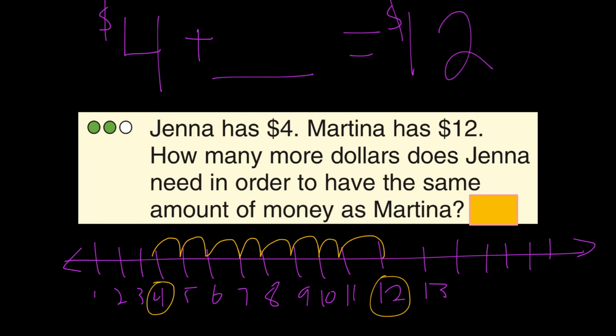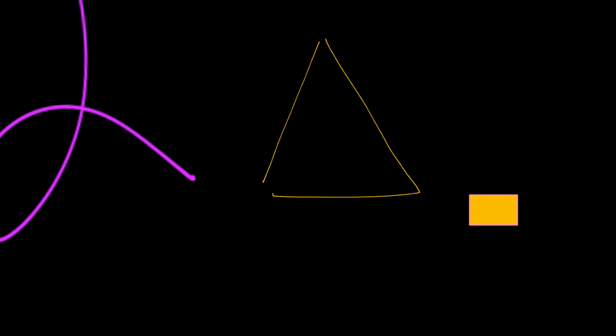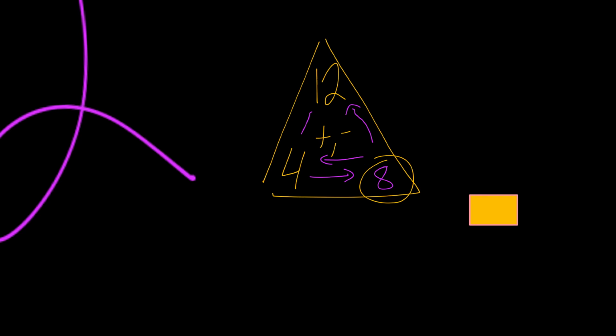The other way to think about it, like I said, would be a fact triangle. I'm going to zoom in right here. If I had a little fact triangle, and my 12 was at the top, and I had 4 over here, what would I need to have here? Well, I would need to have an 8 there, because 4 plus 8 equals 12. 8 plus 4 equals 12. 12 minus 4 would equal 8.